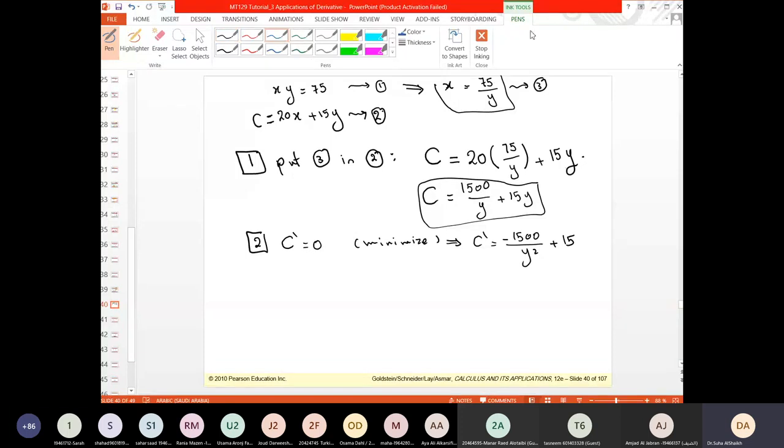Do you remember when I told you always memorize the derivative of 1 over x? It's minus 1 over x squared. So what's the derivative of 1 over y? It is minus 1 over y squared, and I have the 1,500 there. Let this equal 0. So I have minus 1,500 over y squared plus 15 equal to 0.